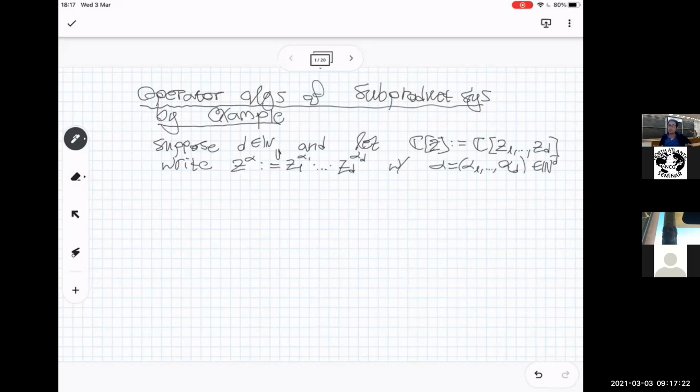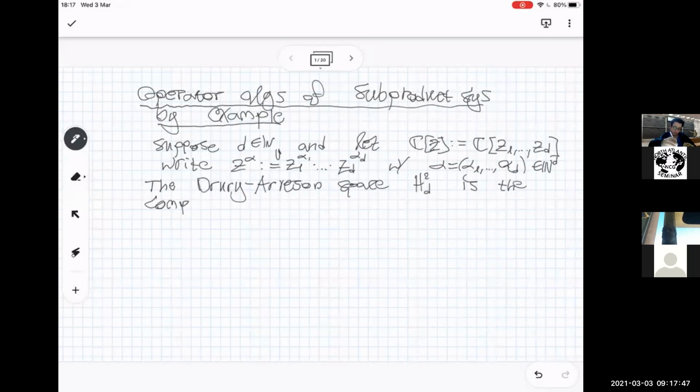And now a classical space that's been studied extensively is the Drury-Arveson space, H^2_d, and it is the completion of polynomials in d commuting variables with respect to the following inner product.